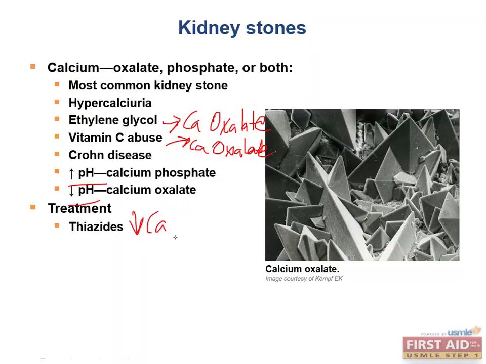They reduce calcium excretion. Citrate, which binds to calcium to prevent its precipitation in the urine. And remember that these stones will be radio-opaque, meaning they can easily be seen on X-ray or CT, and that will help in the diagnosis.